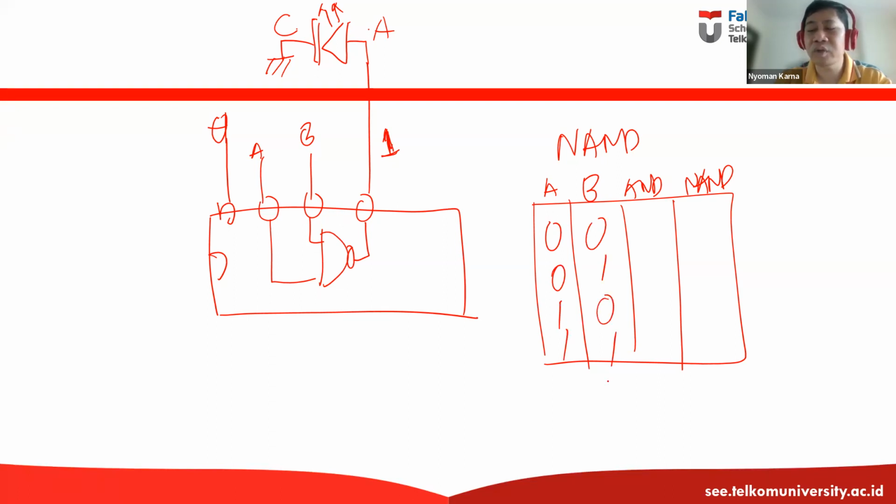It's like a multiplication: 0 times 0 is 0, 0 times 1 is 0, 1 times 0 is 0, 1 times 1 is 1. Then inverted to become NAND: 0 becomes 1, 0 becomes 1, 0 becomes 1, 1 becomes 0. So the output will become 1 whenever at least one of the inputs is 0. For example, if A is 0, the output will be 1, and if B is 0, the output will be 1.